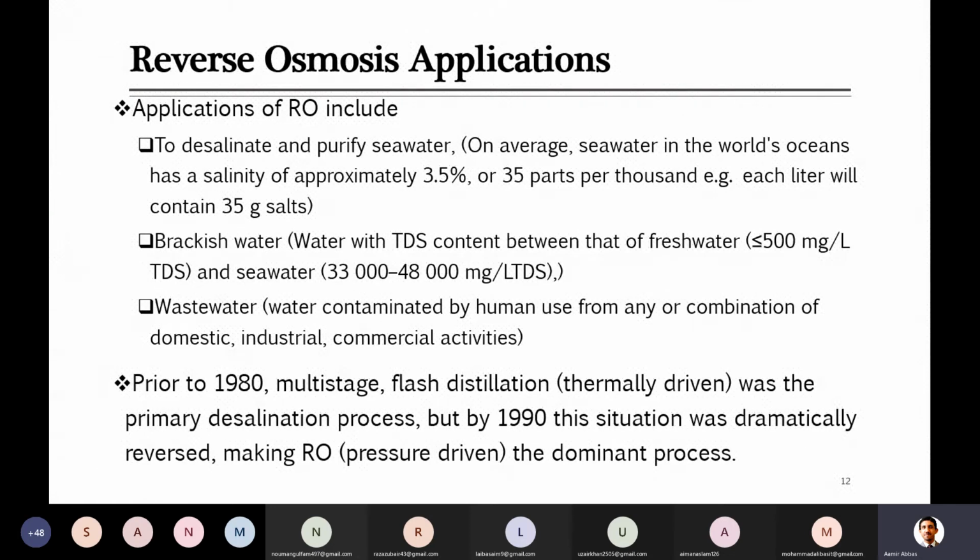Now, looking at its history, when it was first used for water application to purify water, especially for desalination: before 1980, multi-stage distillation was used to purify water.